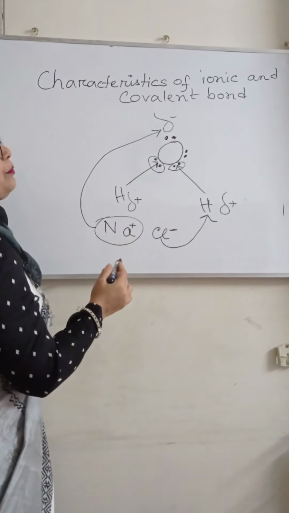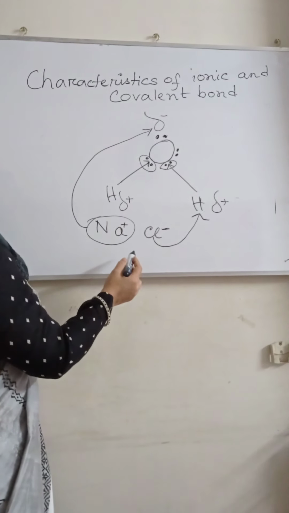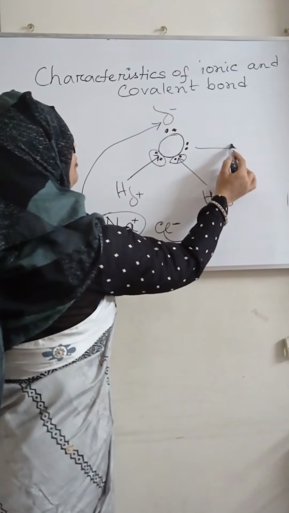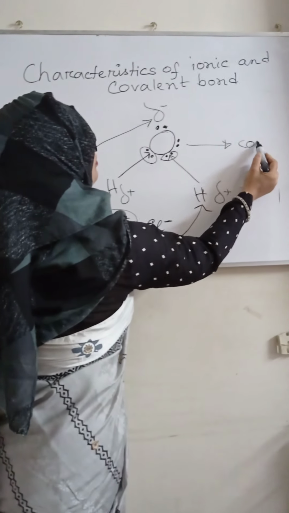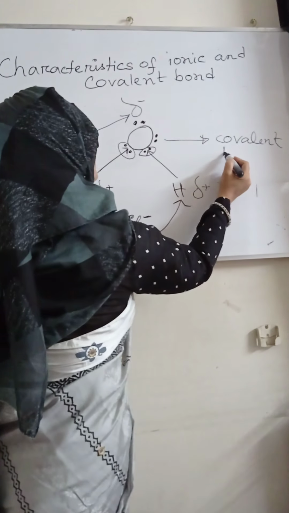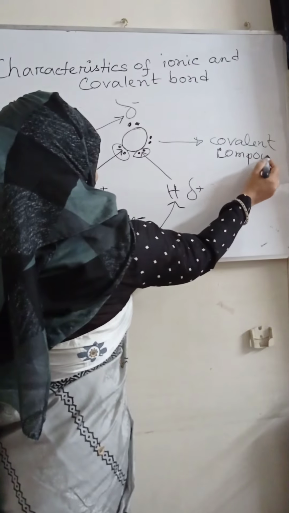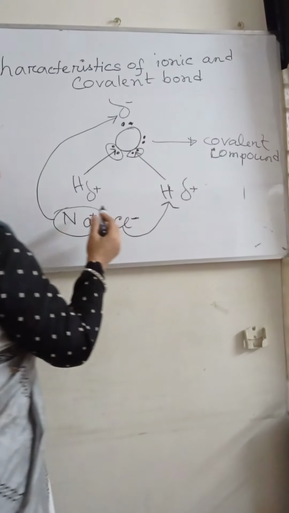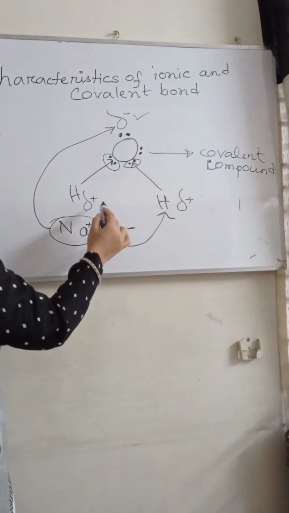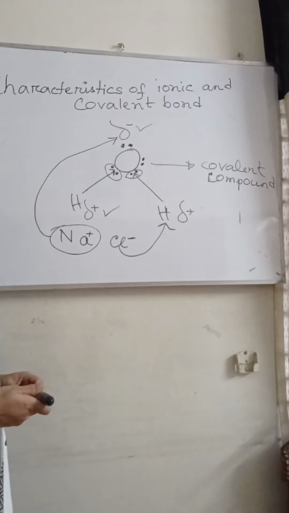Thus ionic compounds dissolve into water, and water itself is a covalent compound, but a covalent compound which has partial negative and partial positive ends is called a polar compound.